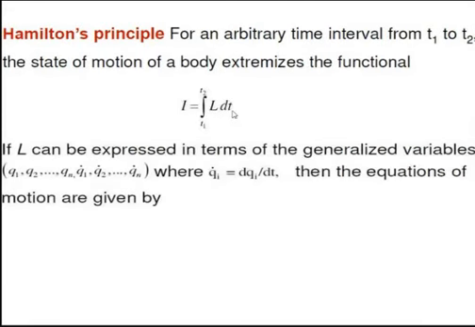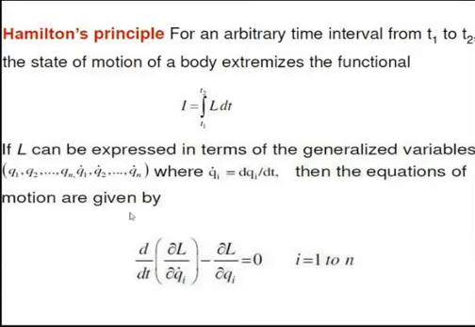If L can be expressed in terms of generalized variables, what are generalized variables? q1, q2 till qn, q1 dot, q2 dot till qn dot, where qi dot is dqi by dt. Then the equation of motion will be given as d by dt of dL by dqi dot minus dL by dqi is equal to 0.